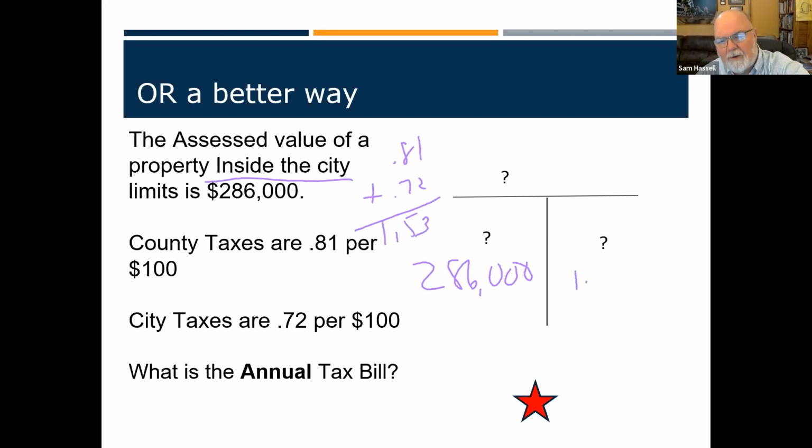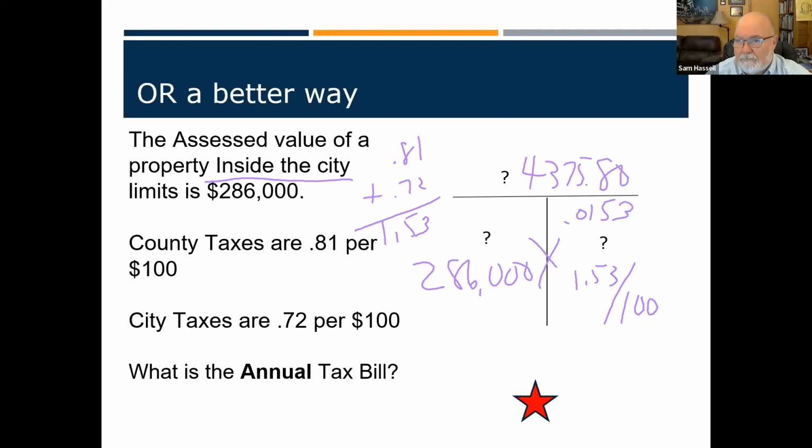So this is going to be 1.53 per 100, or 0.0153. Now, if it's across here, it's multiplication, right? And if we multiply it, it's going to come to $4,375.80. Okay? Everybody see that?